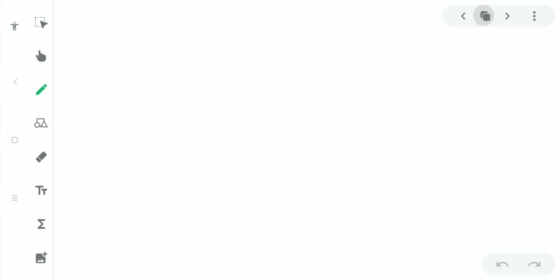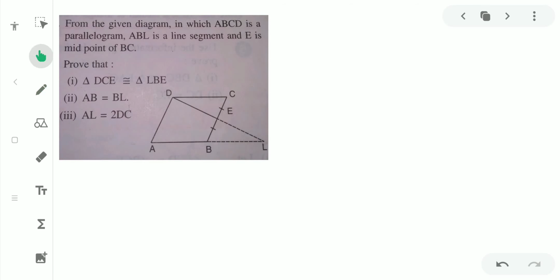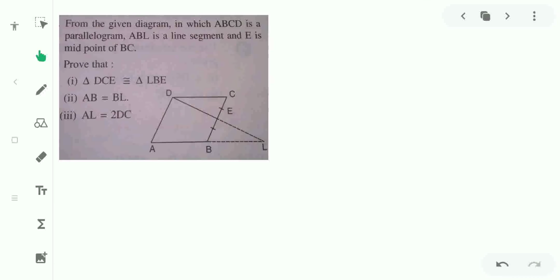And now they asked to prove that AB is equal to BL. So that we should prove.